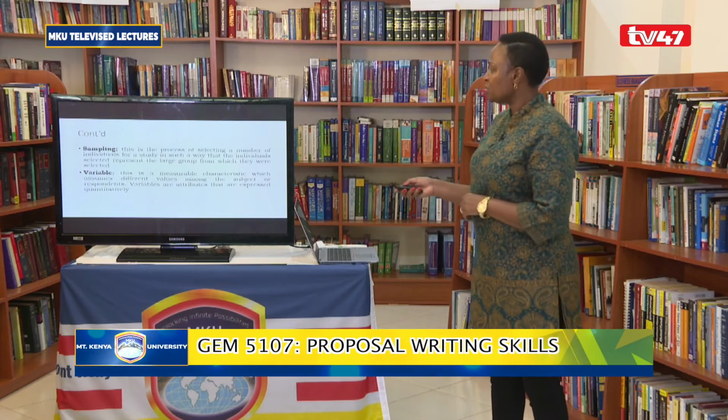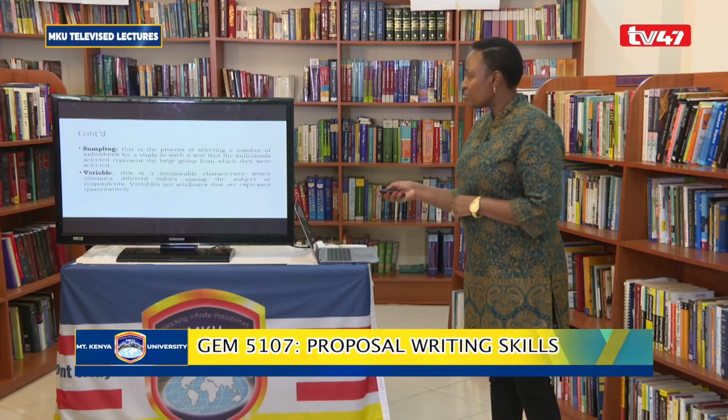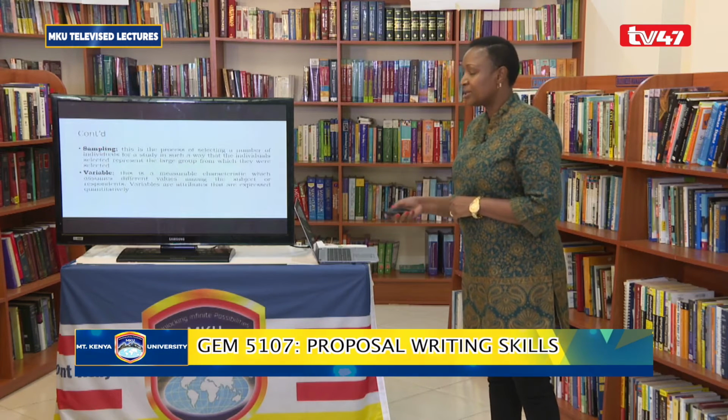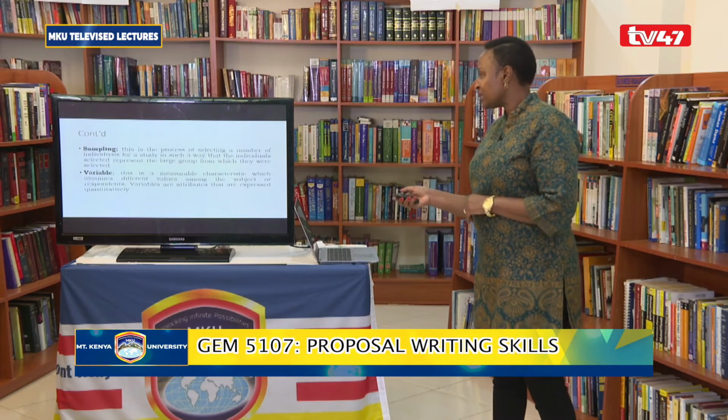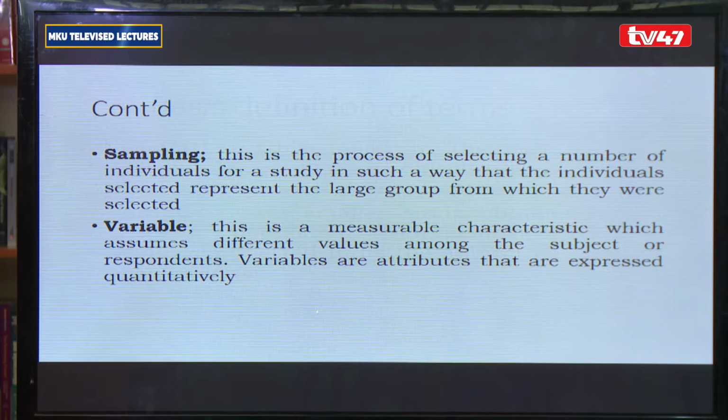And therefore, we need to understand when someone speaks of sampling, what do they mean? This is a process of selecting a number of individuals, organizations, objects, events to take part in the study. And these sampling methods, we know them. We remember them from our research methodology. There are two, as we said earlier.